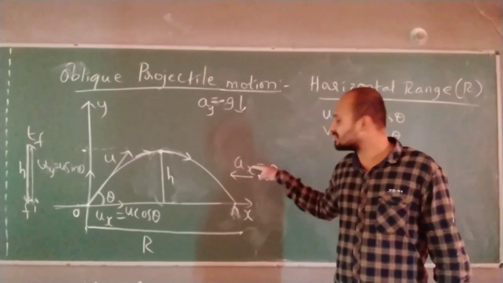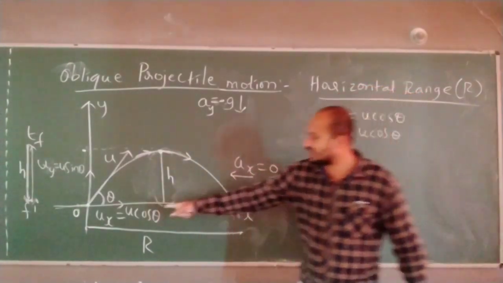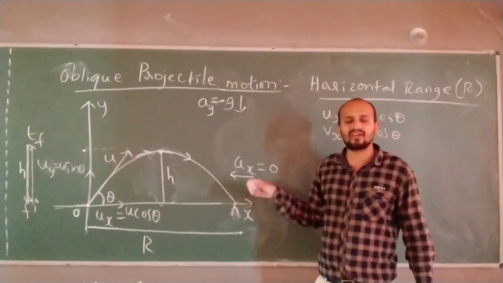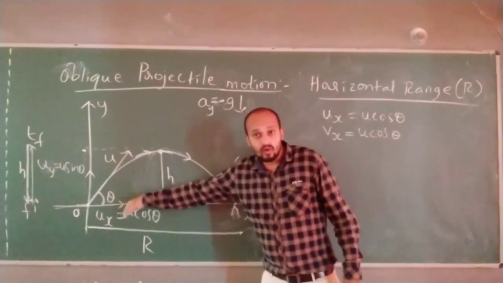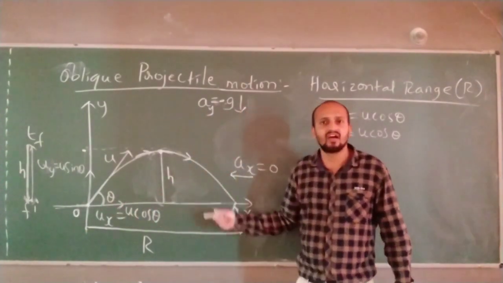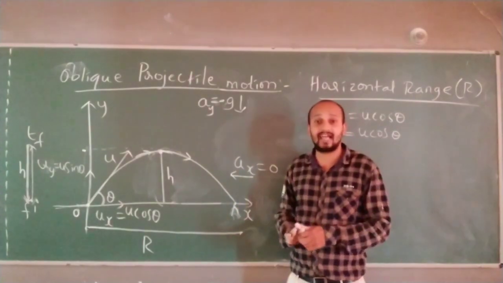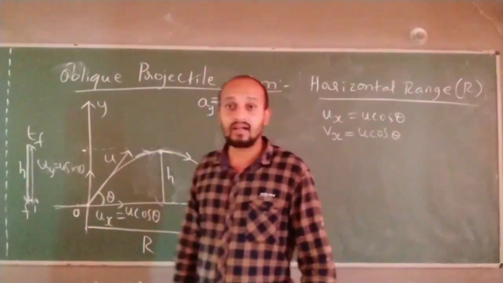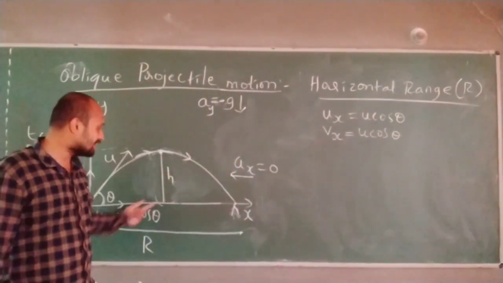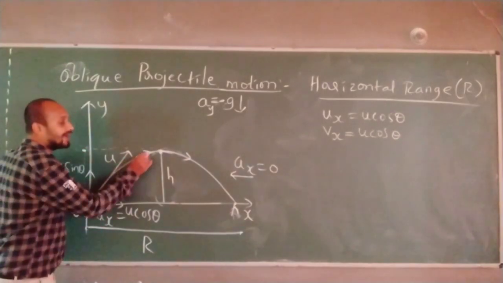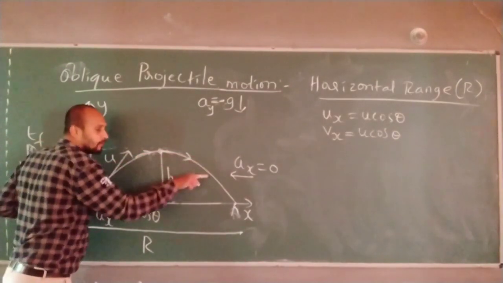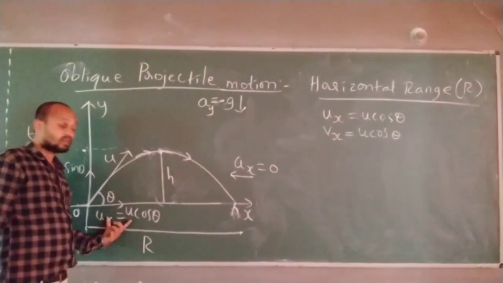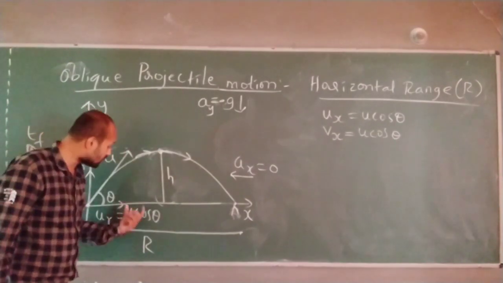So when there is no acceleration acting along the x-axis, whatever velocity the particle has along the x-axis is never going to change until it completes its journey. At any point, the velocity along the x-axis will be u cos theta only.